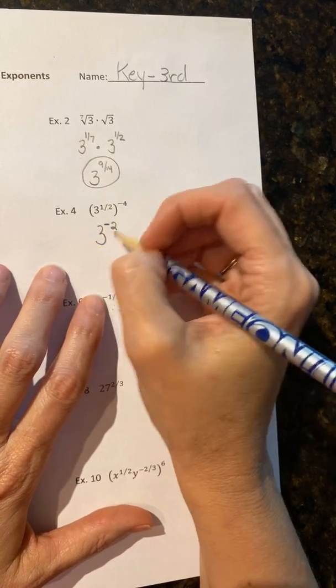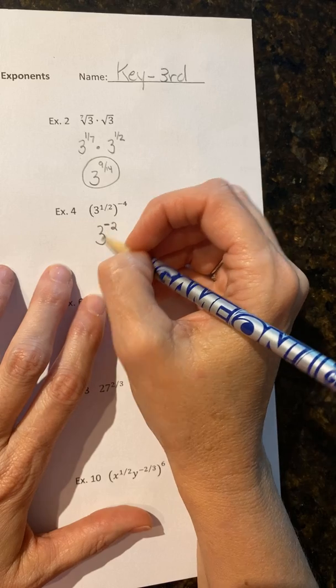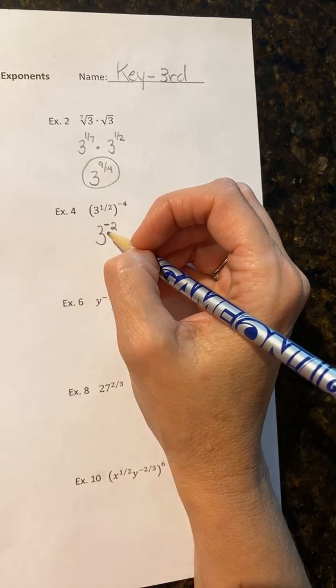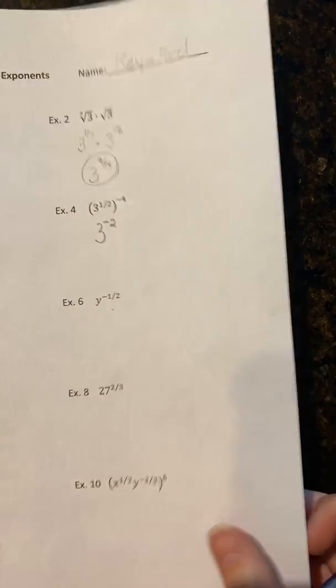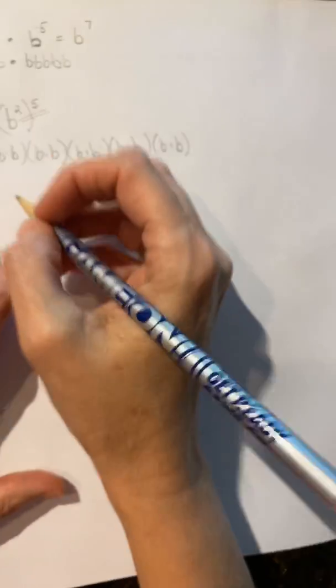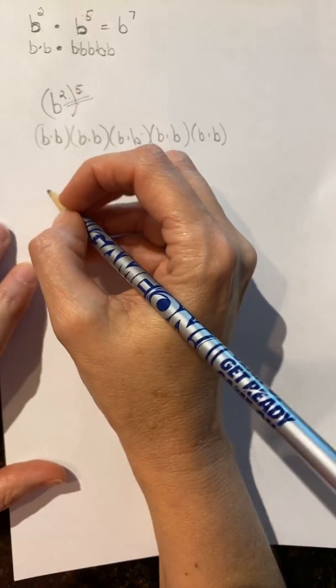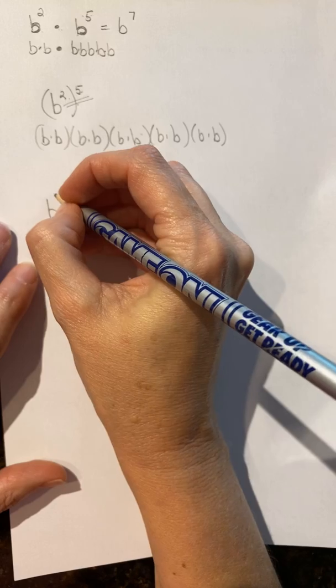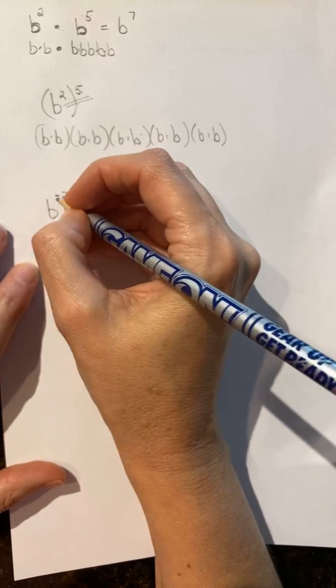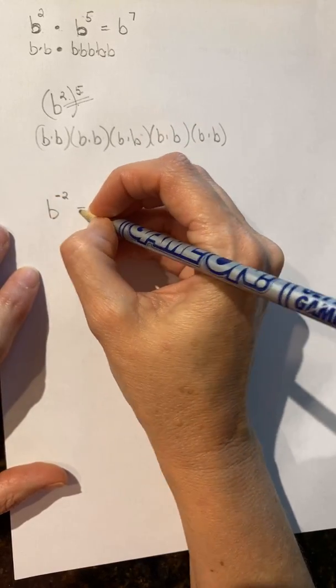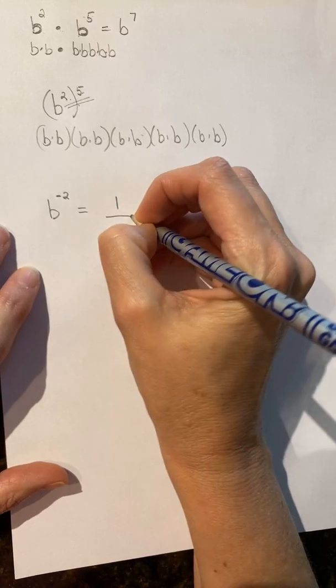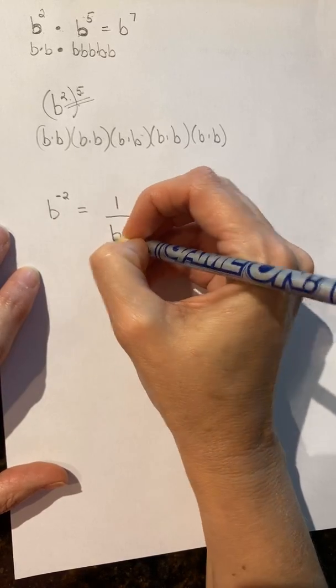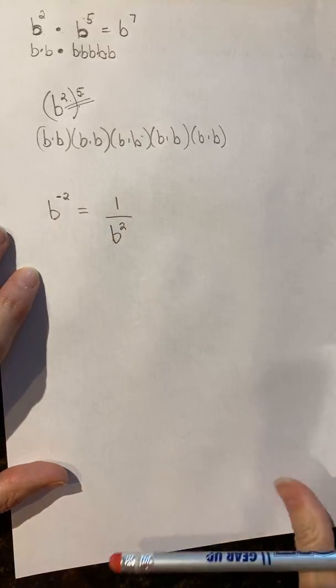Now, this is another thing we need to address. Whenever you have a negative power, so again, I'm going to flip this over so you can see a rule from algebra. Whenever you have a base raised to a negative power, let's say it's b to the -2, that's the same thing as 1 over this positive power, b squared.